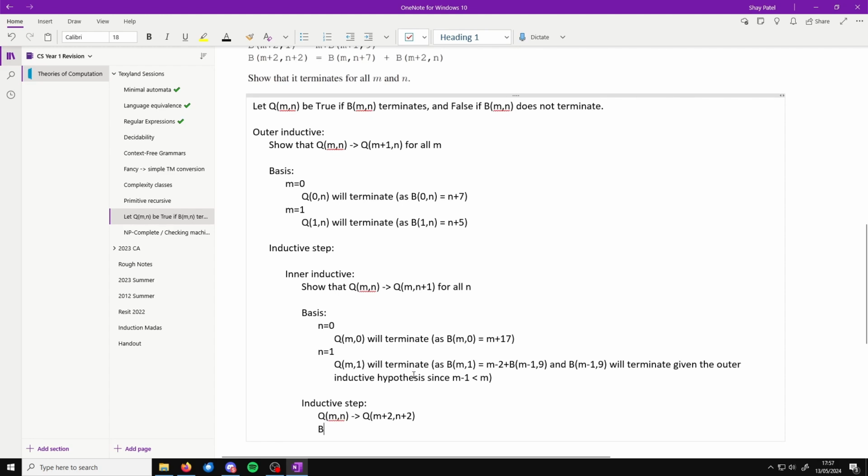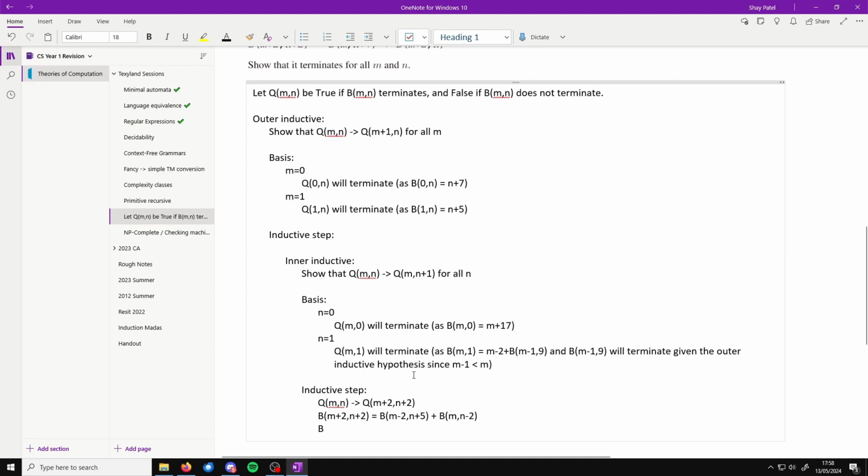We can prove this by saying if we pass in b m plus 2 n plus 2 equals b m n plus 7 plus b, or this will be n plus 5, and this will be m minus 2, plus b m n. And so n minus 2. No, just n minus 2.